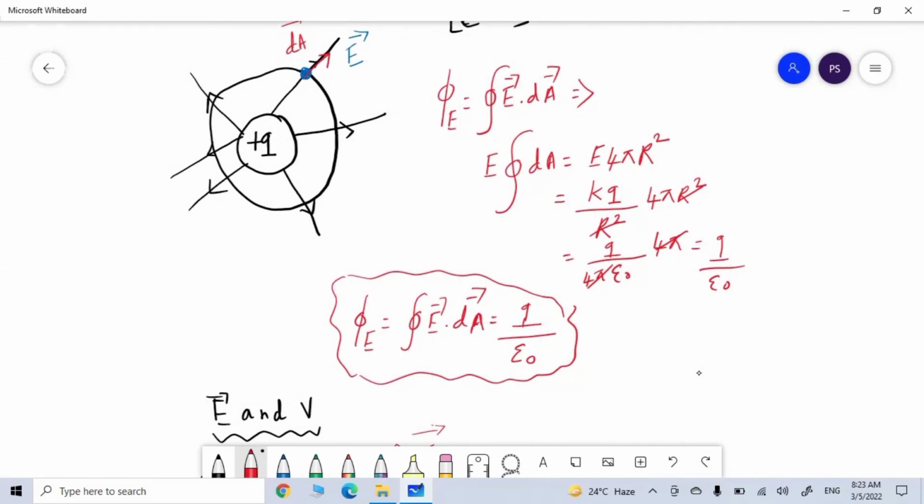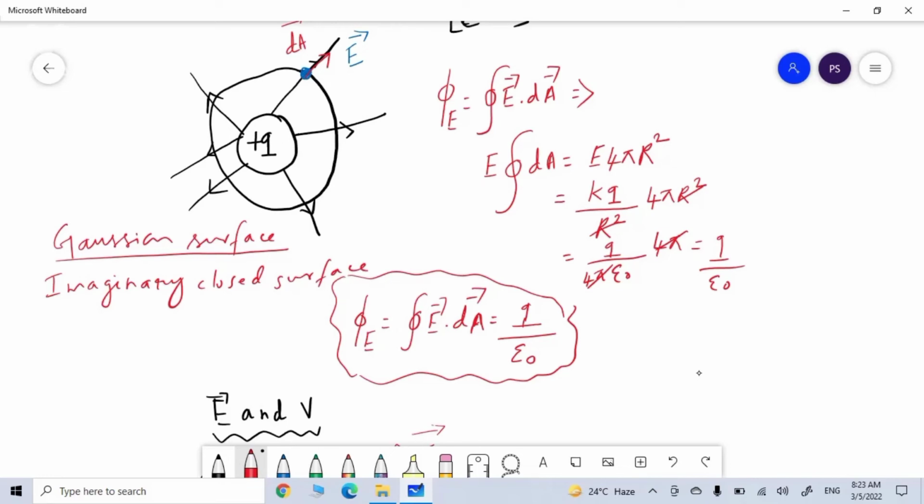Now, what is a Gaussian surface? A Gaussian surface is an imaginary closed surface. It's not a real surface, it is an imaginary closed surface.